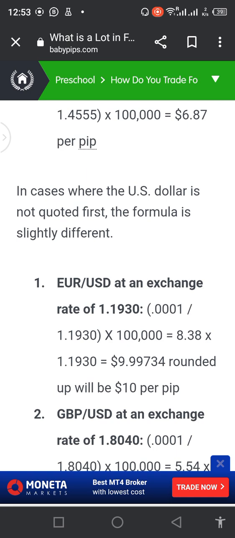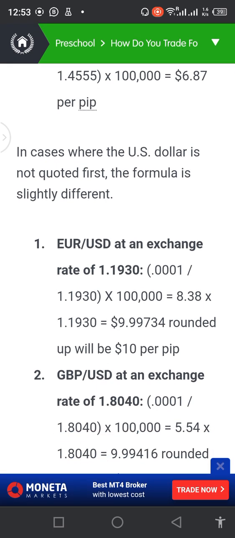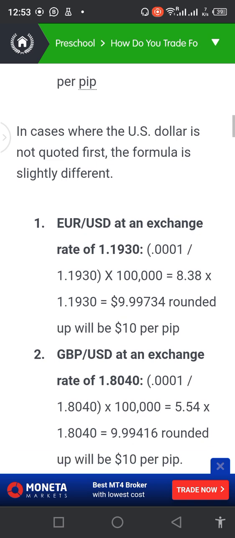That answer is the factor of the per pip in that particular pair, if the US dollar doesn't come first on that pair. So you have to multiply by 2 in order to get the standard lot size. You do the roundups in order to have the factors.